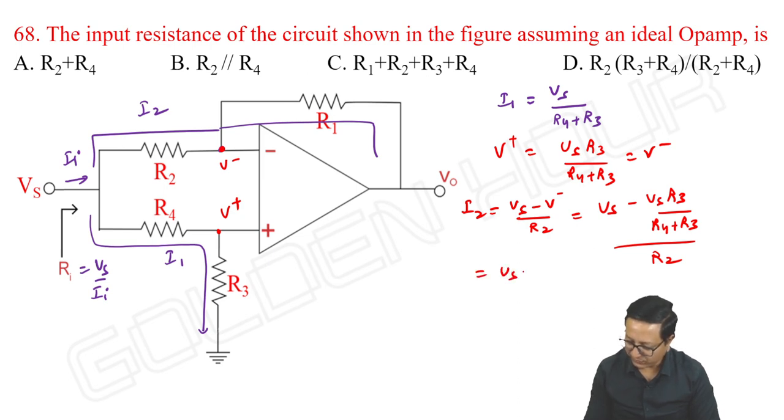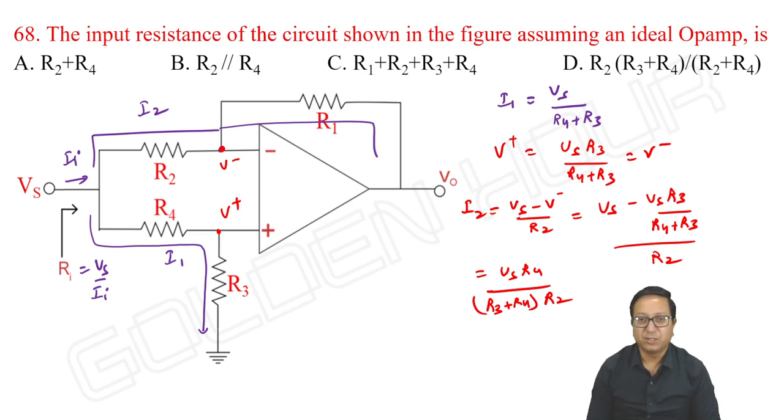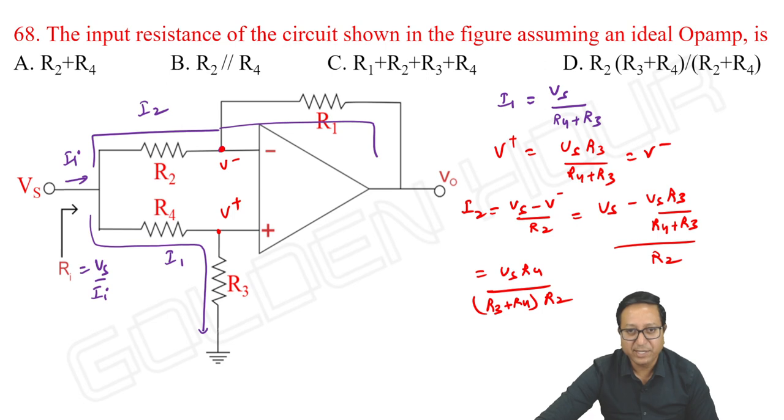It is Vs into R4 by R3 plus R4 multiplied with R2. Okay, I2 also has come. I1 and I2 are known.